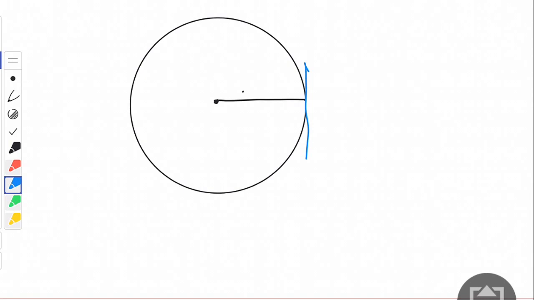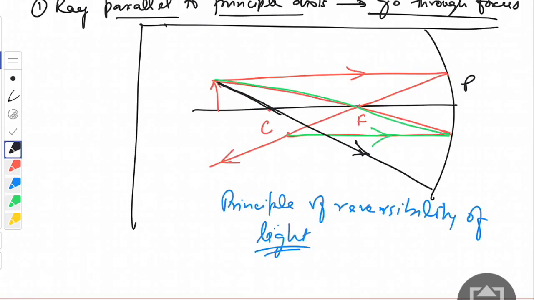That the radius makes 90 degrees with the tangent. This is a property, which means a ray which goes like this will come back like this. This is the point. Now here, this is the center of curvature. So this mirror is almost like, this was part of a big circle, correct? So when a ray goes to the center, it is going to get reflected back.